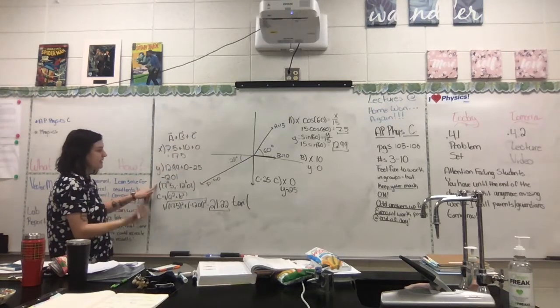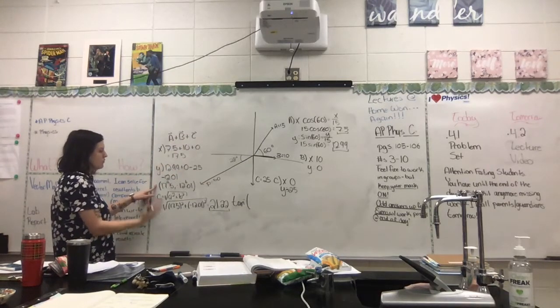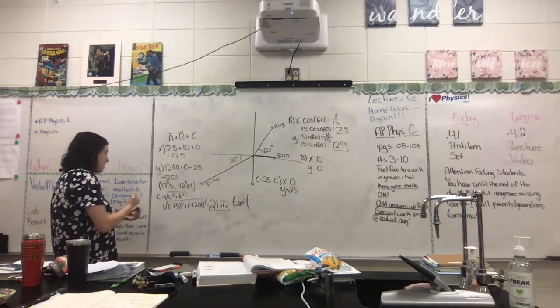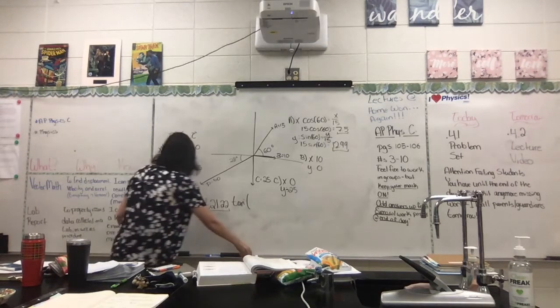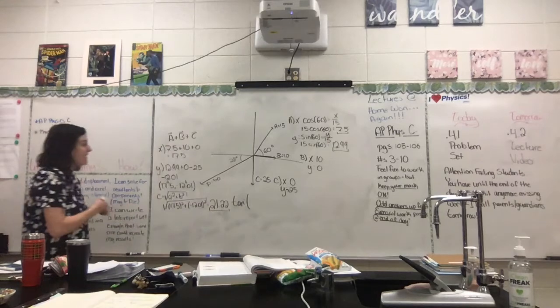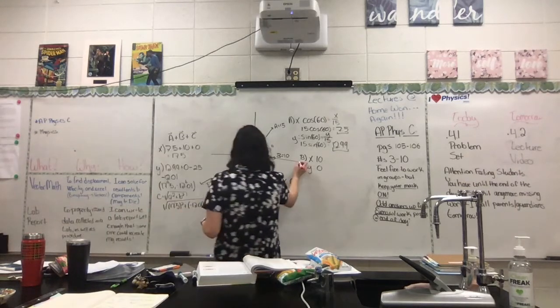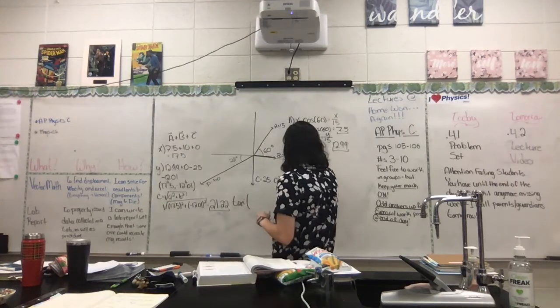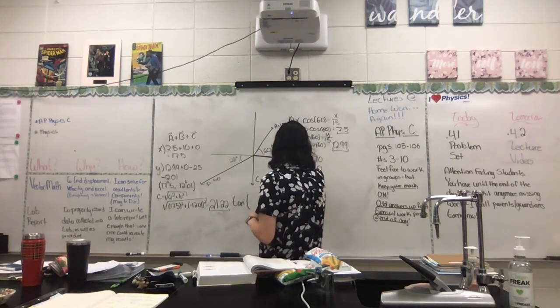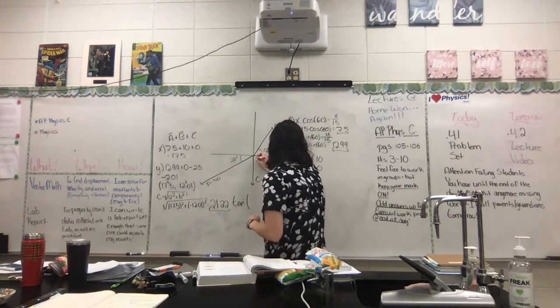Looking at this, you might be confused as to which one would be the opposite and which one would be the adjacent. So how about we actually draw out this vector? If it has an x of 17.5, it'll be over here somewhere, and its y is negative 12.01, so it would be about over here.